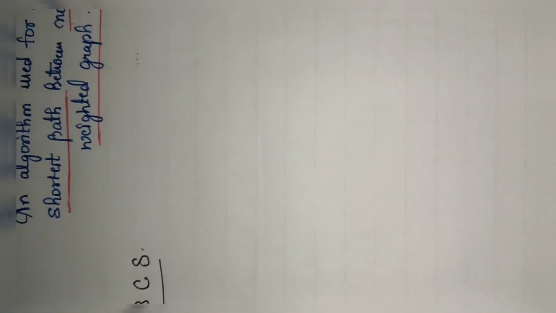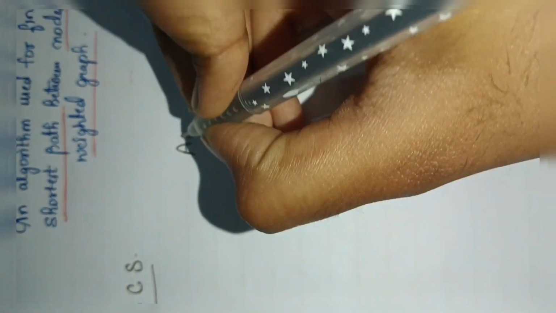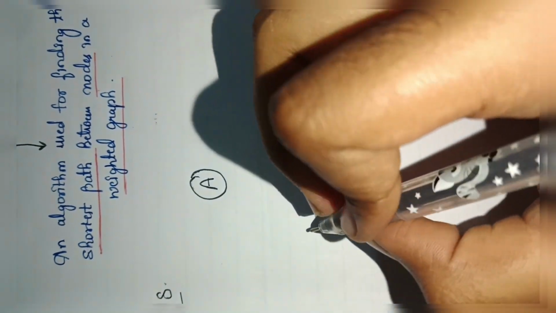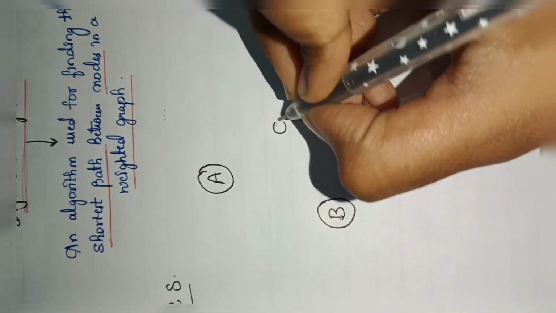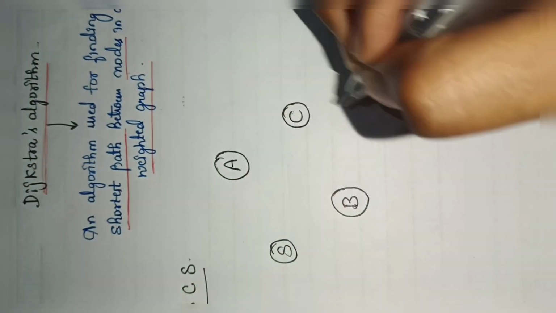It consists of four nodes, so it's A, and here it is B, and here it is C, and here it is S. So these are the four nodes.